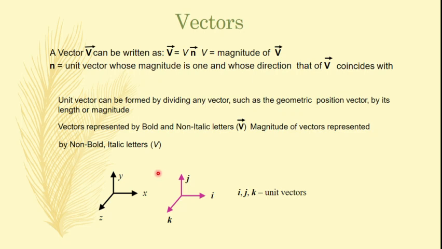And in case of Cartesian coordinates, we describe this vector with the help of i, j, k, where these are the unit vectors along the x direction, along the y direction, and along the z direction respectively.